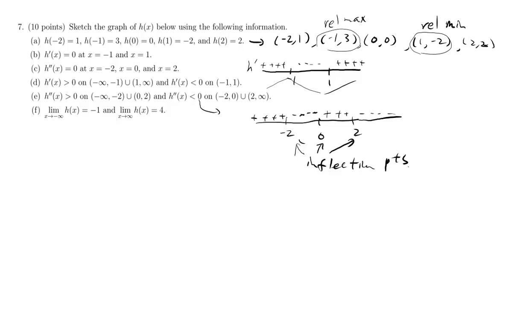Then we have the limit of h going to negative infinity and positive infinity. These are what we call horizontal asymptotes. If you're curious to know what gives you vertical asymptotes, vertical asymptotes happen if you have a limit like x going to a certain number, say 9 from the right, and the function gives you positive infinity or negative infinity.